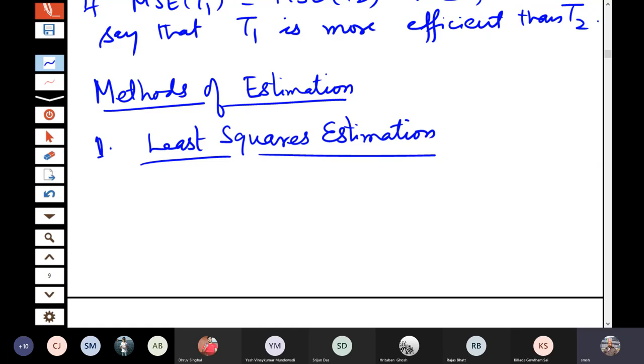In that model you have to consider the estimated value and the true value, and you take the difference. Now the values which will minimize the sum of squares of those differences, that is called the least square estimation. Later on it turned out to be a full-fledged method, and when we are considering predictive models, it is widely used.